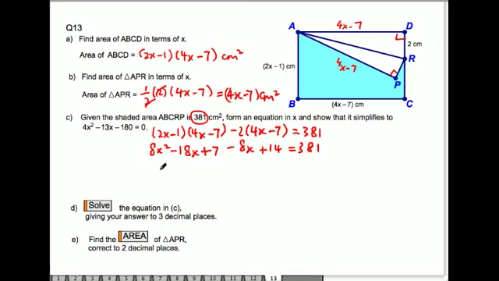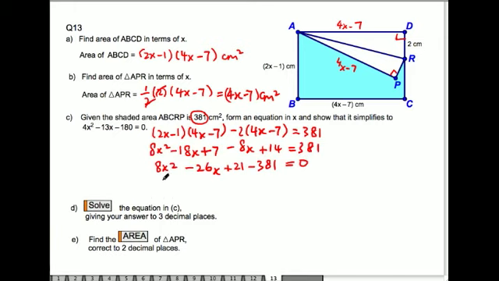Simplifying it, we have 8x squared minus 26x plus 21 minus 381 equals 0.